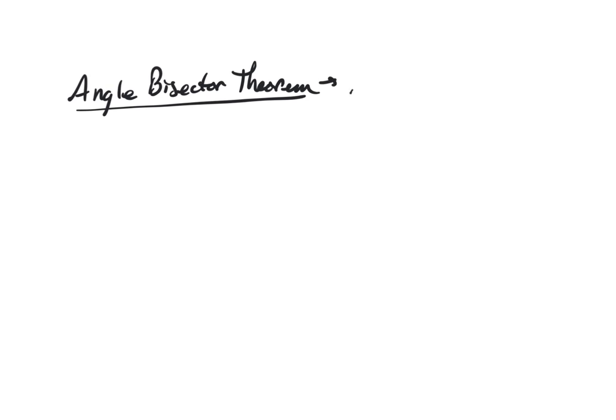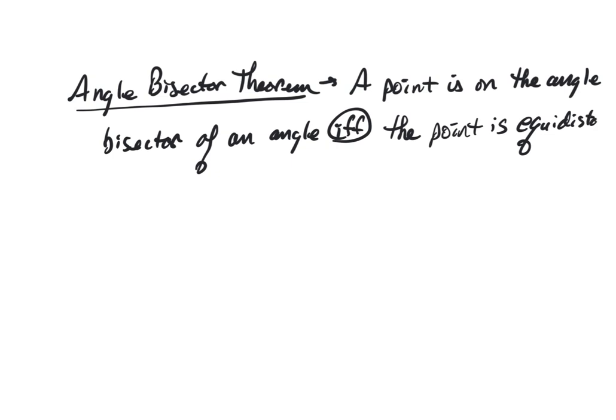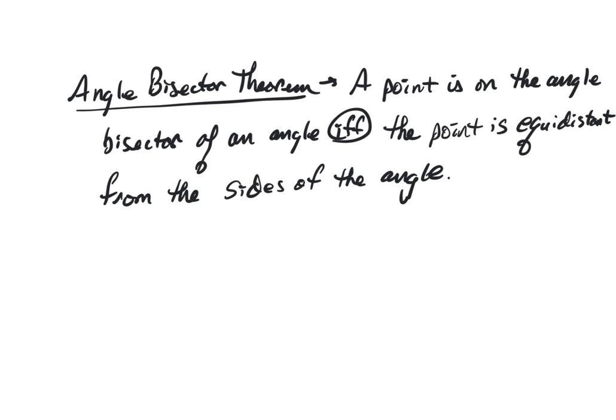It simply goes like this: a point is on the angle bisector of an angle if and only if the point is equidistant from the sides of the angle. All right, so there's our theorem.